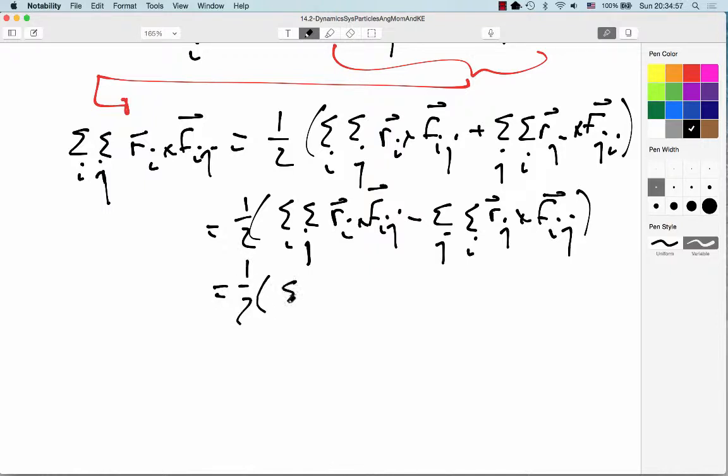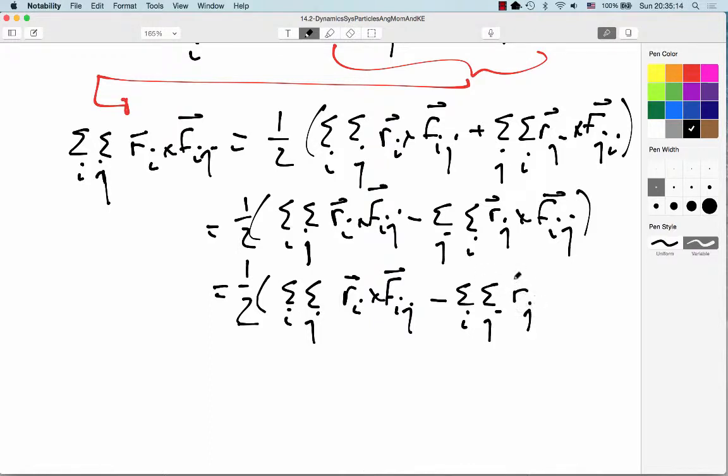So one half sum i, sum j, r_i cross F_ij, minus sum i, sum j, r_j cross F_ij.